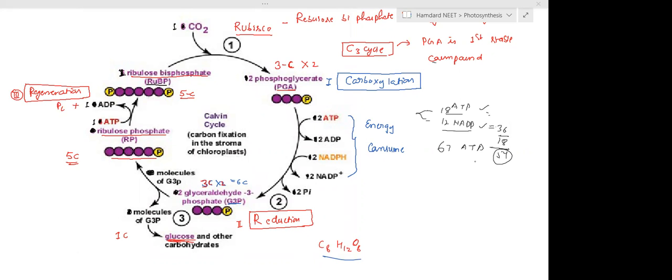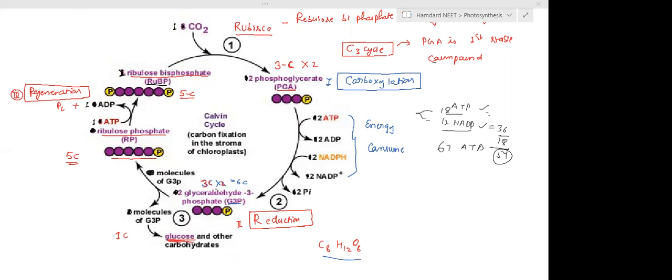I'll tell you again. Look, what happens here? Is it clear till this point? Glyceraldehyde G3P: one of the carbons goes to glucose and other carbohydrates. Out of these six, one goes. How many carbons remain? Six minus one.